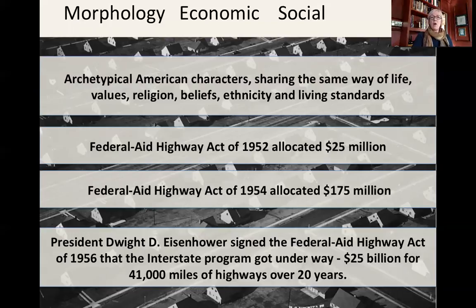And this was always presented as a military concern, that you had to be able to move tanks and military across the city and across the country in the event of a war. And so this was $25 billion to create 41,000 miles. And it is our interstate highway system as we know it today. This is when it began.